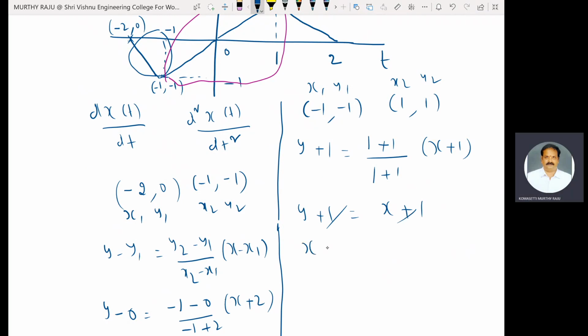The 1 and 1 cancel. Y is nothing but x of t, x is nothing but t. We consider the interval minus 1 to 1.